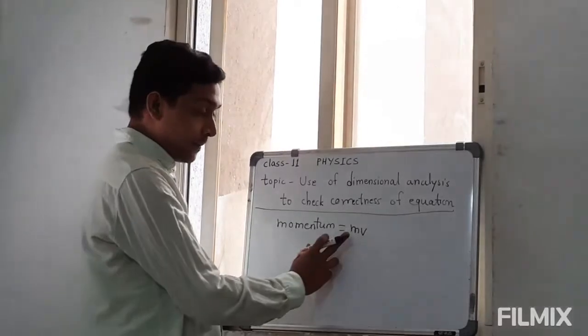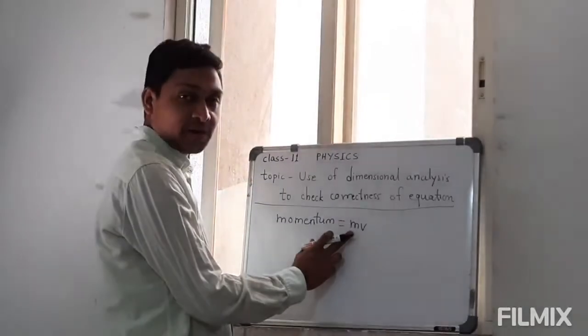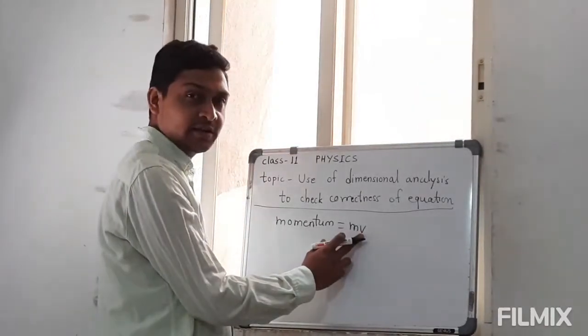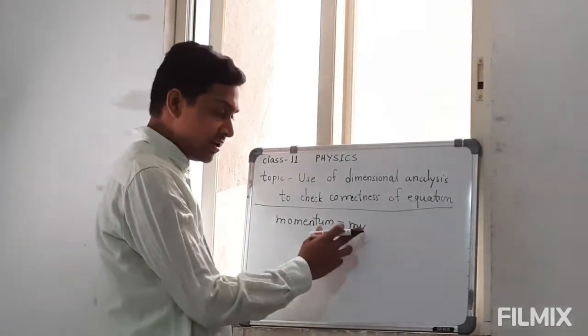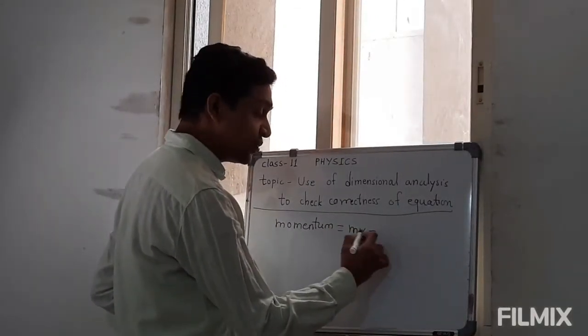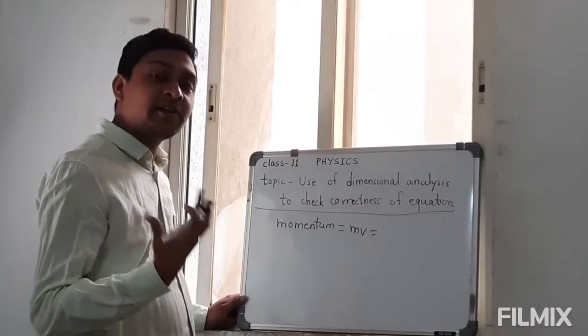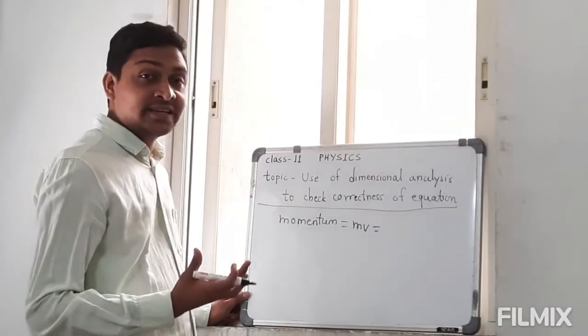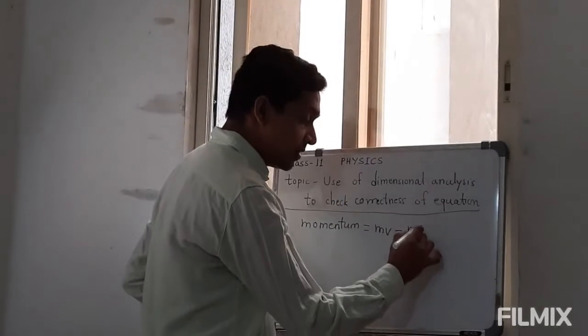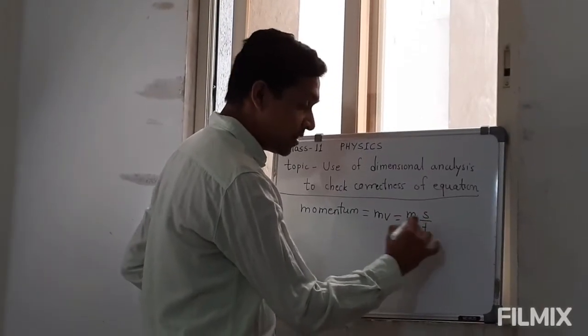Now, do you know the dimensions of mass? Yes, that is M1. Do you know the dimensions of velocity? If yes, then it is okay. If you do not know them, you can apply the formula for velocity, that is displacement upon time. So we can say that momentum is m into s upon t.